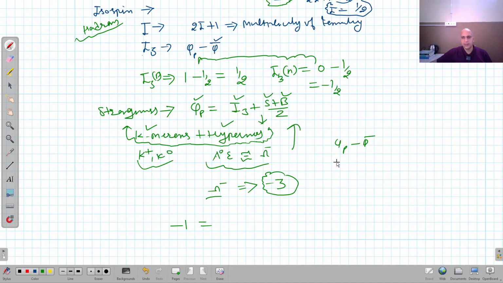So Q particle is negative, Q average is -1, right? So it is -2, plus S strangeness plus baryon number, divided by 2. When I simplify it, it becomes 1 is equal to (S plus 1) divided by 2, right?